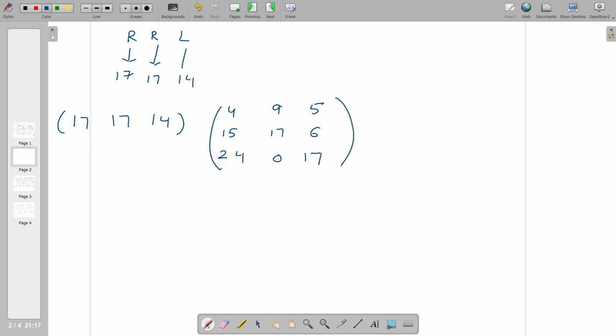So now let's again do this matrix multiplication. It is going to be 17 into 4 plus 17 into 15 plus 14 into 24.